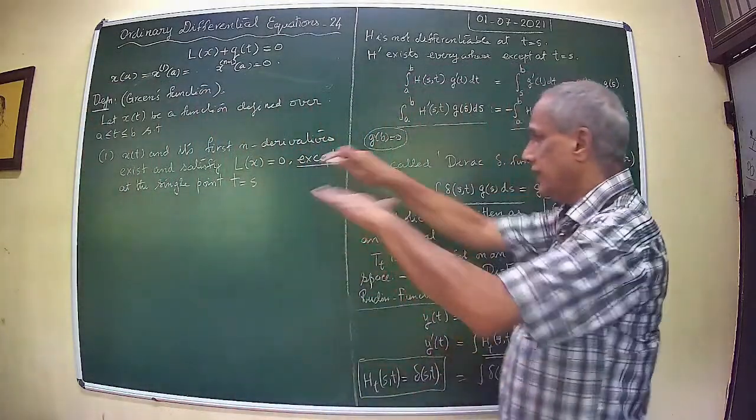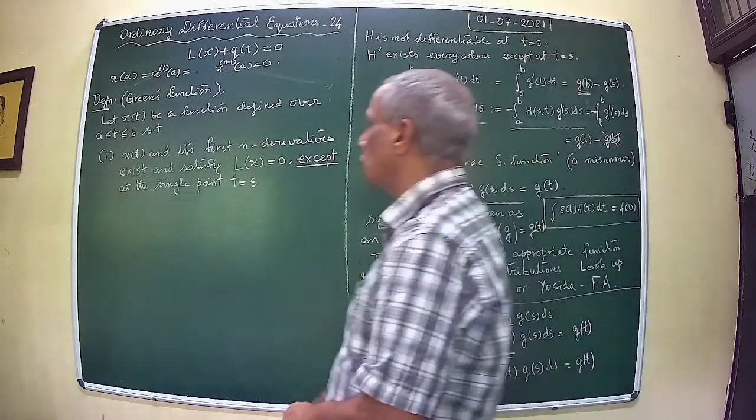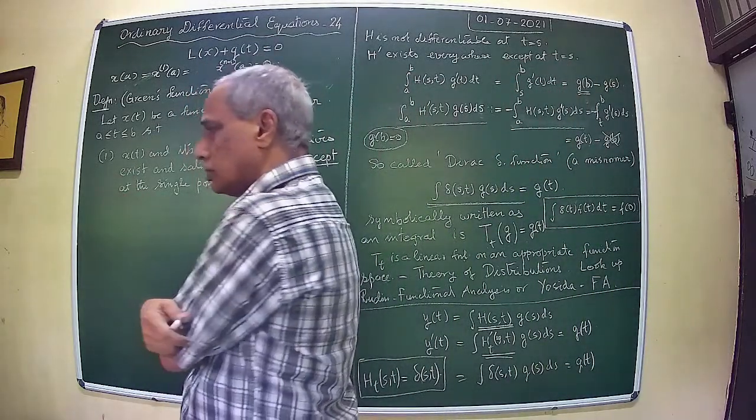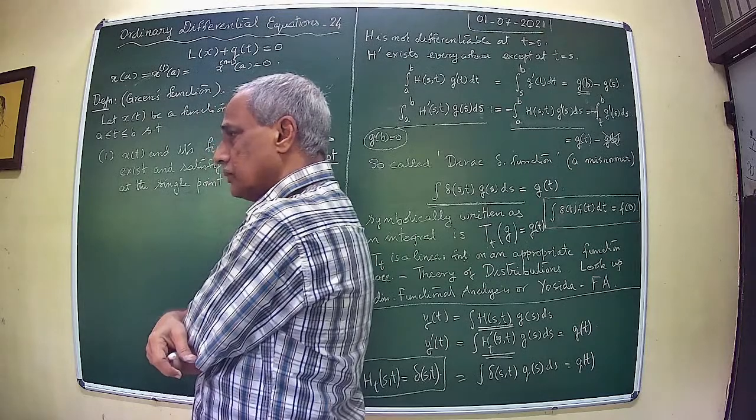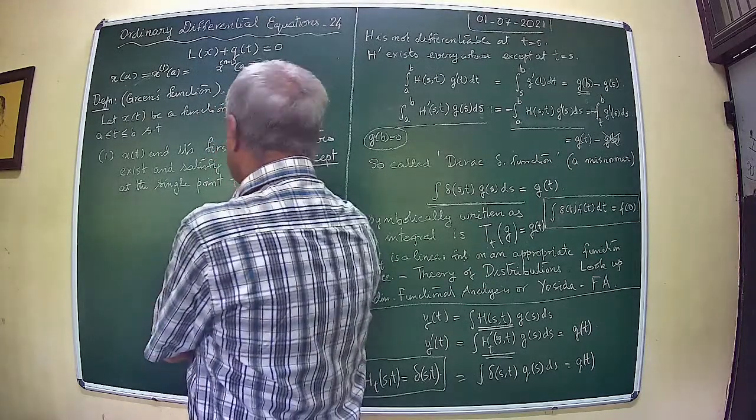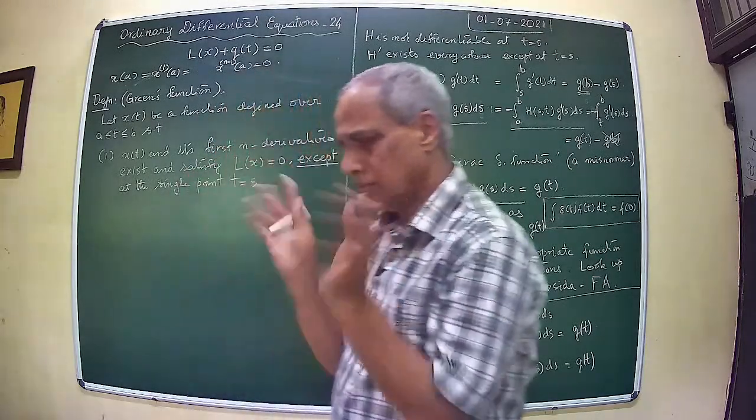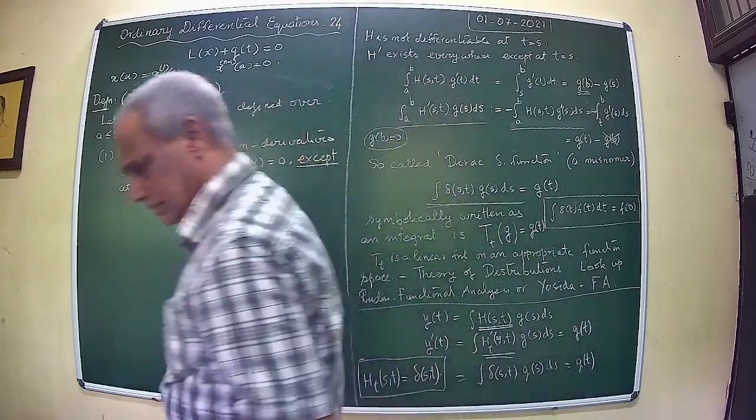So the function and its first derivatives are solutions of the equation Lx equal to 0, except at the point t equal to s, where you allow it to be whatever that comes out.